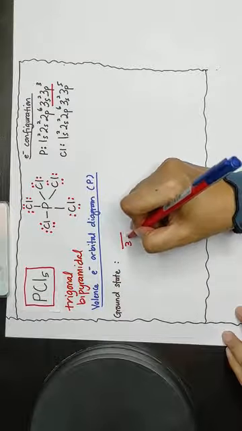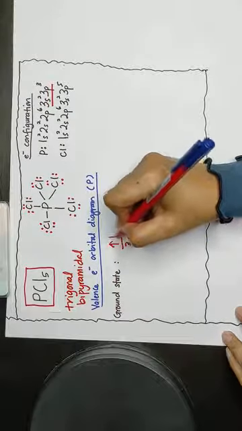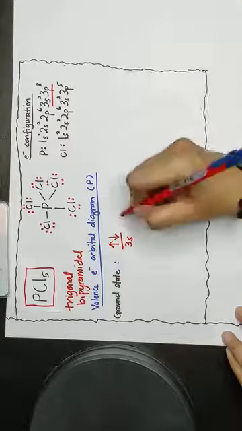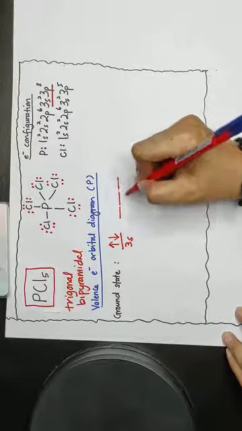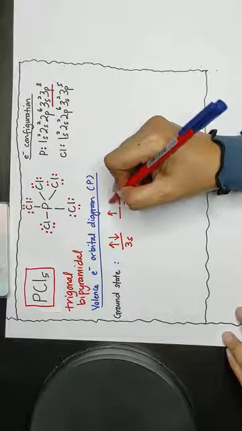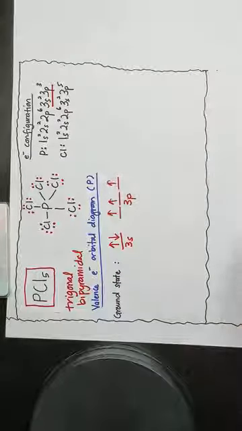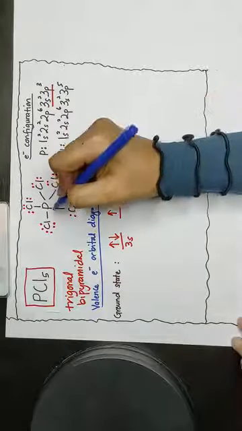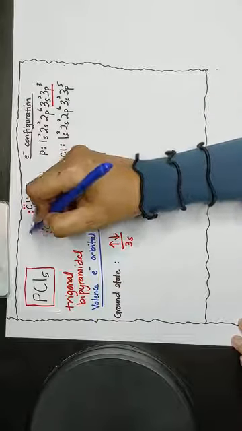In 3s of phosphorus, there are 2 electrons. Next, 3p: 1, 2, 3.